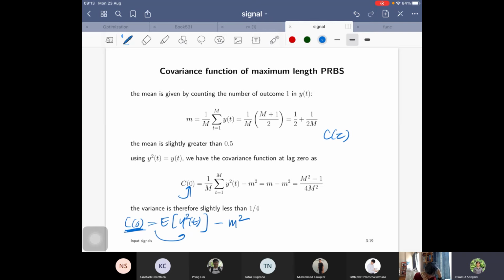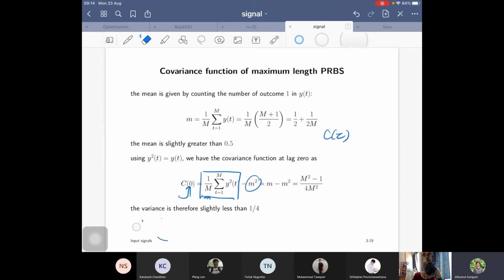For cyclostationary processes, we replace the expectation by the time average, and this is the mean square. We do the same: the sum of y squared and the sum of y are the same because y is binary.